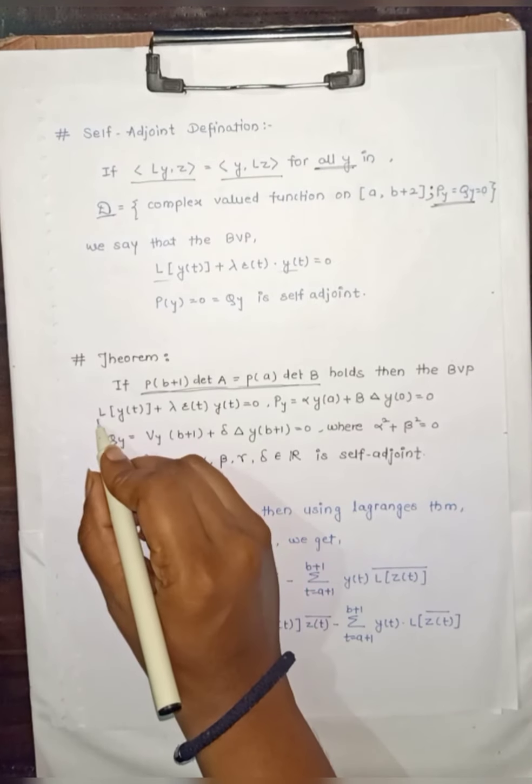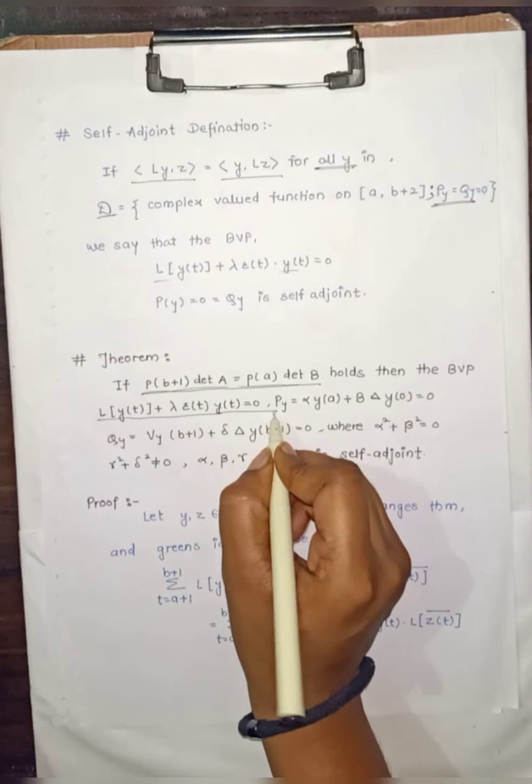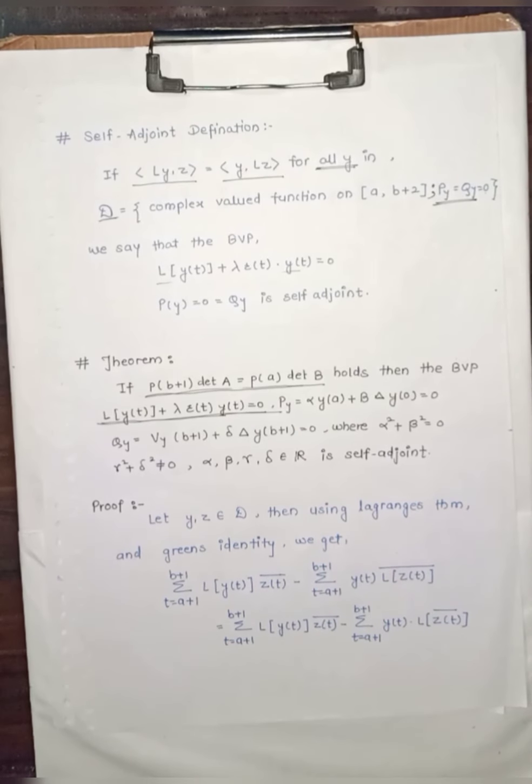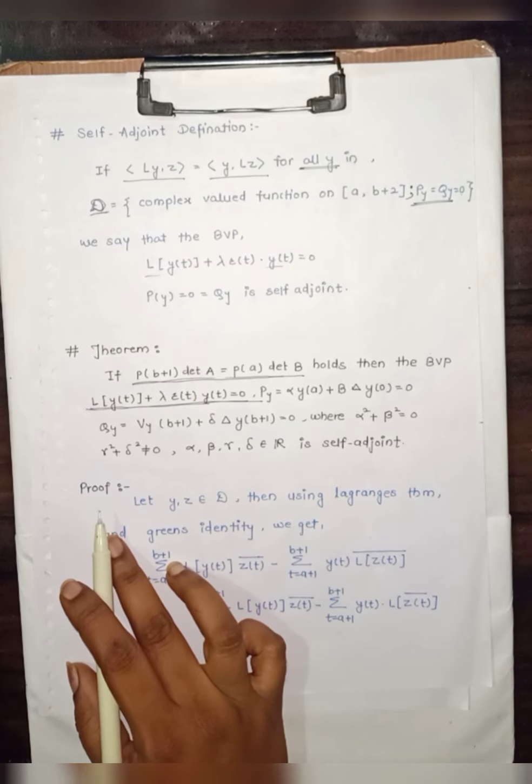So this BVP we have given will be self-adjoint. We have to prove this. So let's start with the proof.